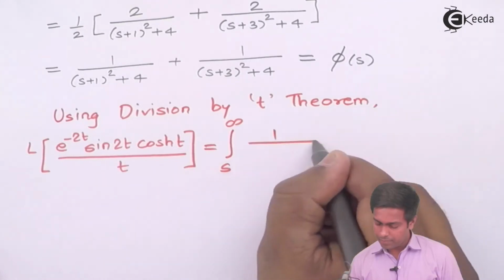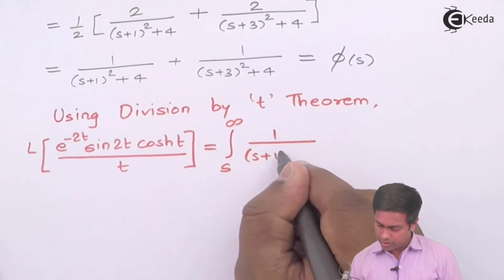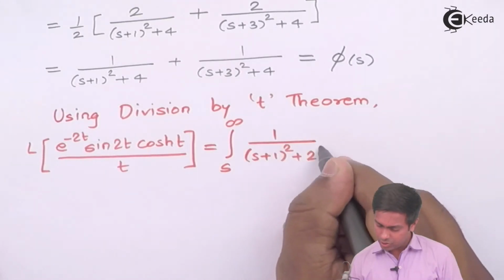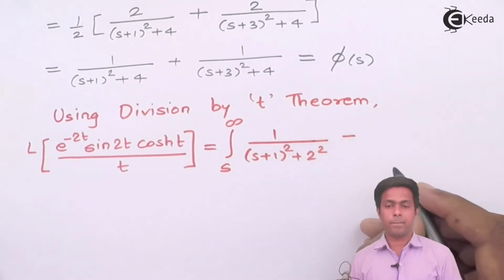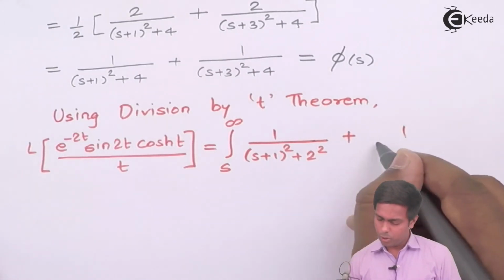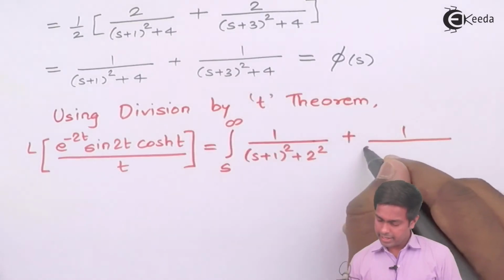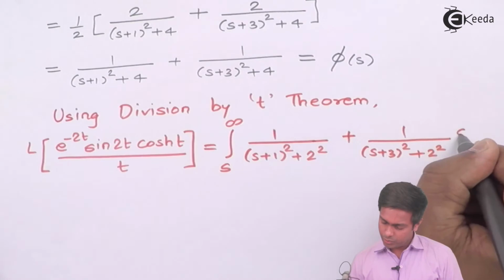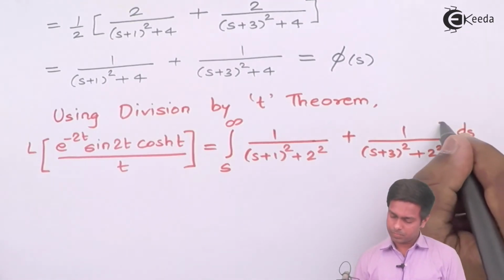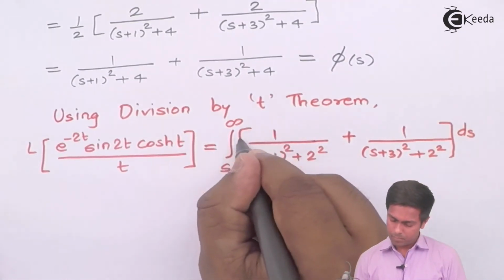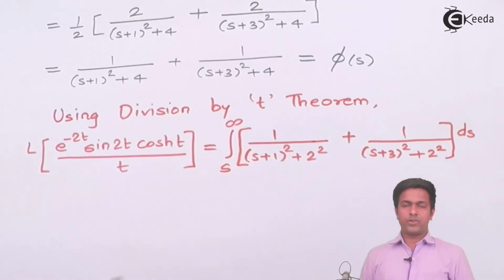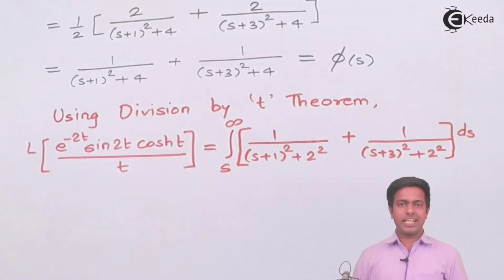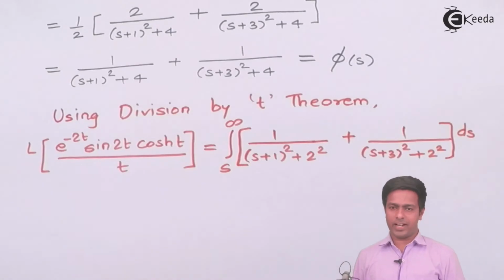So 1 upon (s plus 1) the whole square plus 4, that is 2 square, plus 1 upon (s plus 3) the whole square plus 2 square into ds.